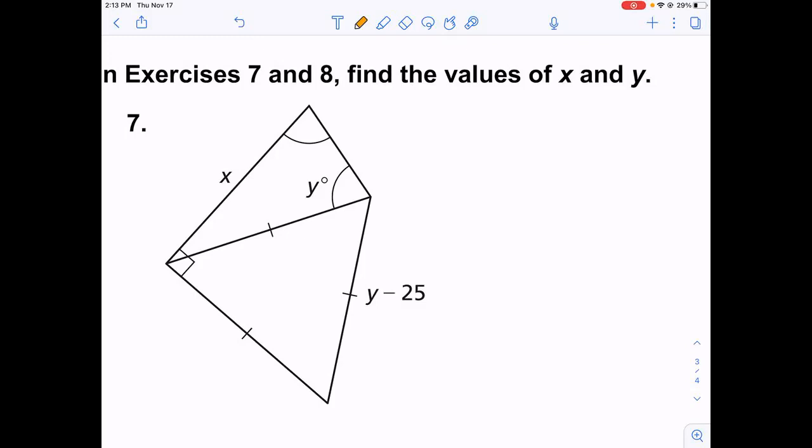Because they're all... Because it's 90 degrees. X is 90 degrees? What? Wait, no. Okay. So can we agree that this is an equilateral triangle?